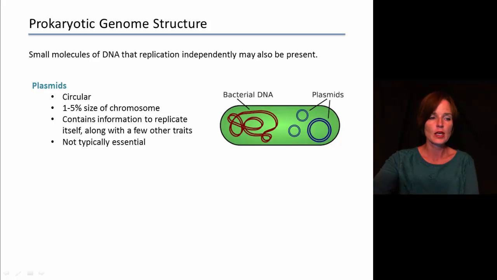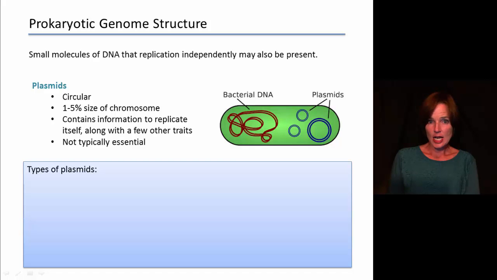Typically, these plasmids contain information to replicate themselves because they are replicating independently, and then they also contain a few other traits, really just a limited number. Those other traits typically are not essential to their overall metabolic processes, which is why some prokaryotic cells don't even have the plasmids present in them.